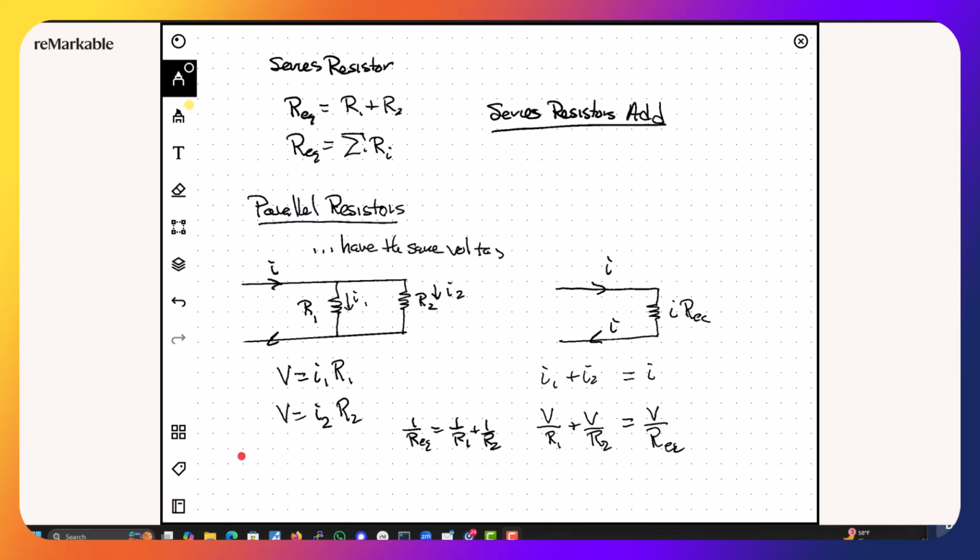or parallel resistors add: one over Req is the sum of the reciprocals. So let me highlight that.